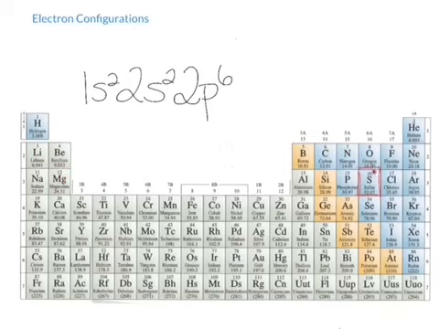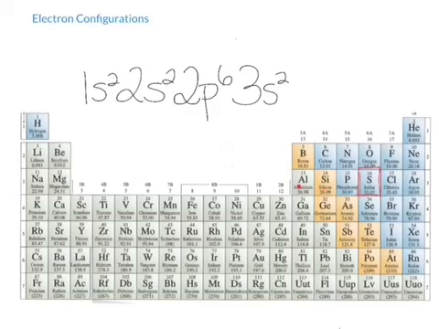And since sulfur is over here with its 16 electrons, we'll come to this side and account for these two. Now these two will go into the 3s subshell. And so we write that in our electron configuration, 3s2, okay? And then we're still not done, right? Because now we need to come all the way over here to sulfur. And so we have 1, 2, 3, 4 electrons in the p subshell.